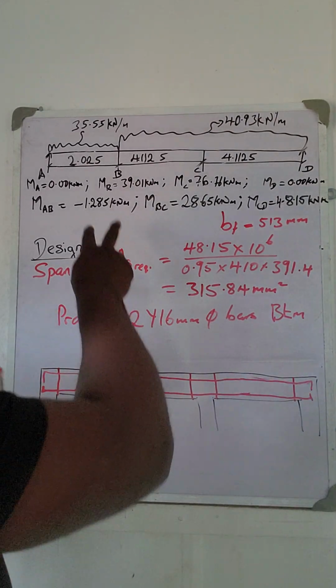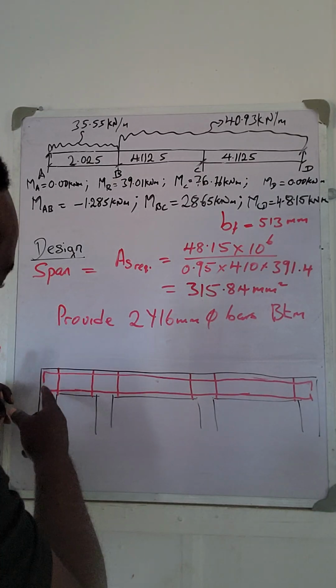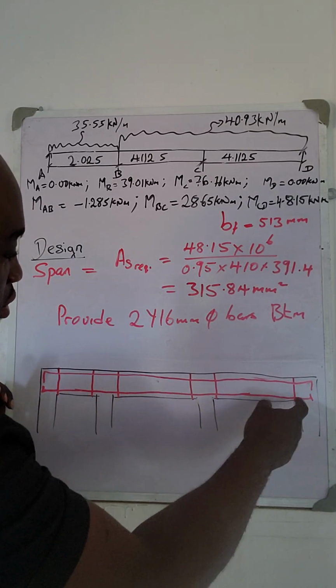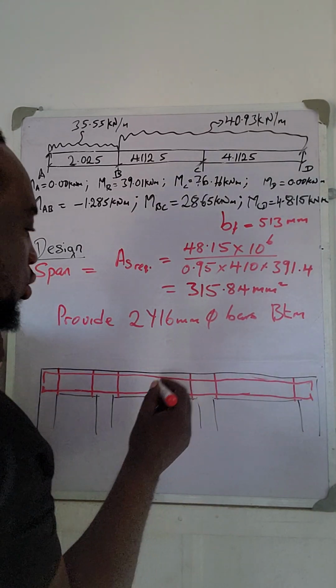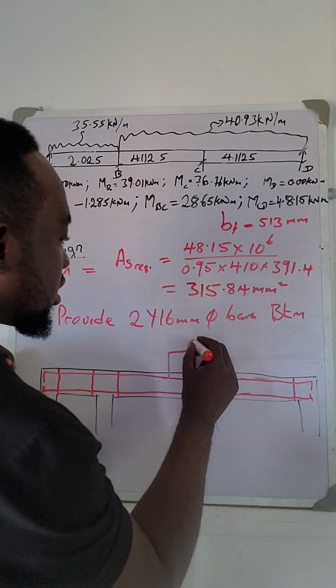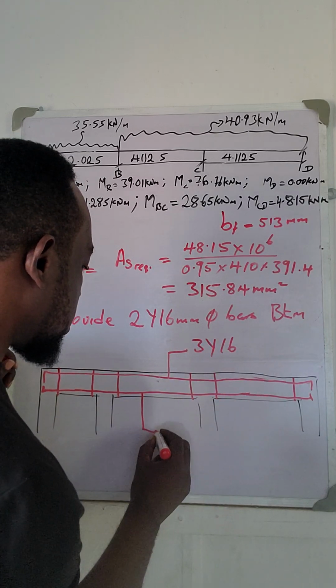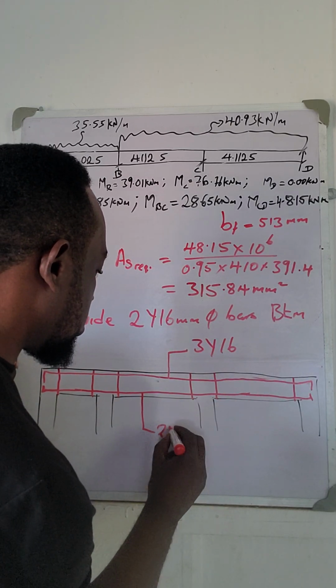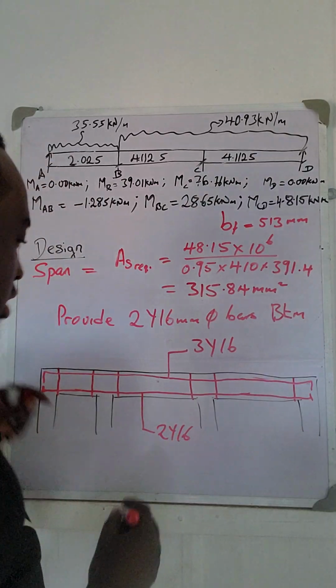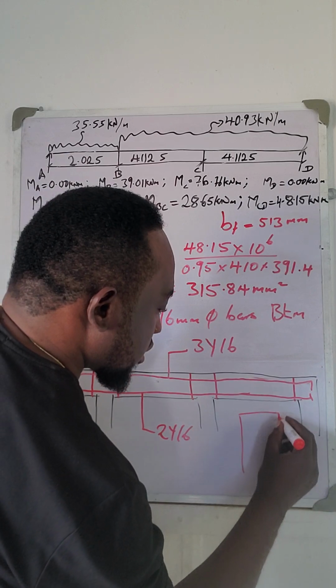All right, this one is not up to 12 meters, so you can use one full length of beam if you are using the same number of bars. All right, so this one now becomes your 3Y16. This one becomes your 2Y16.